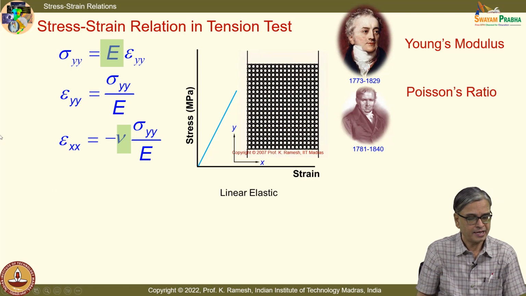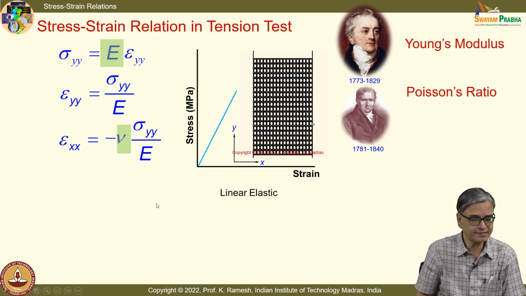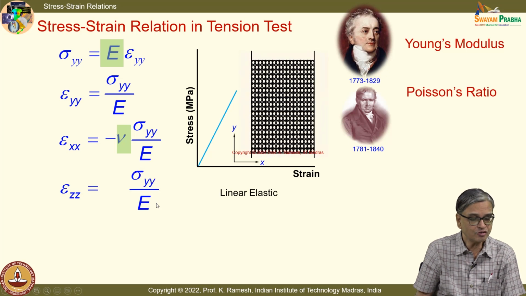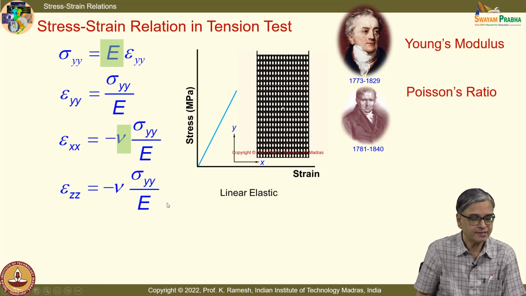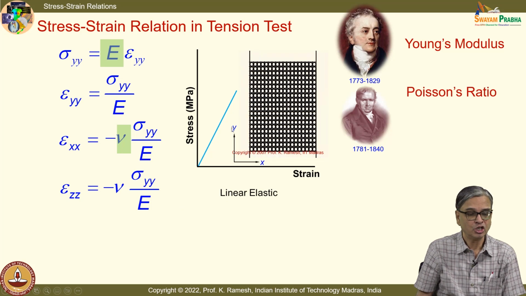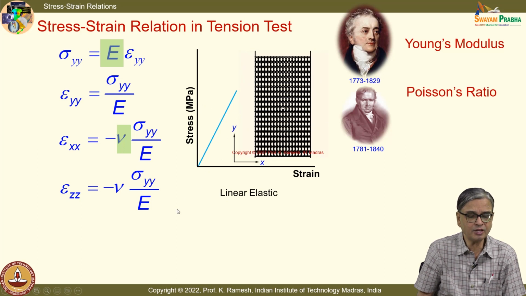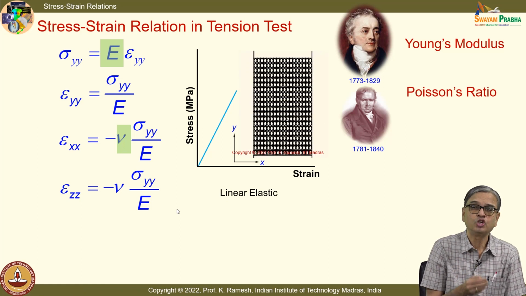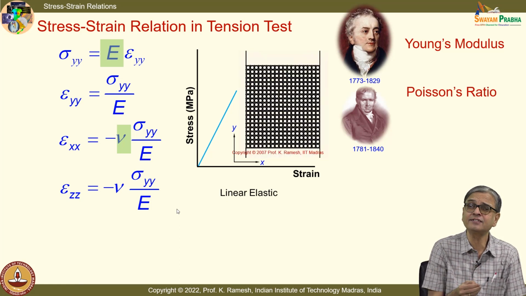Okay. And you have epsilon xx, you also have epsilon zz, that is also minus nu times sigma yy by E. So when you conduct a simple uniaxial tension test, you find the strain is triaxial.